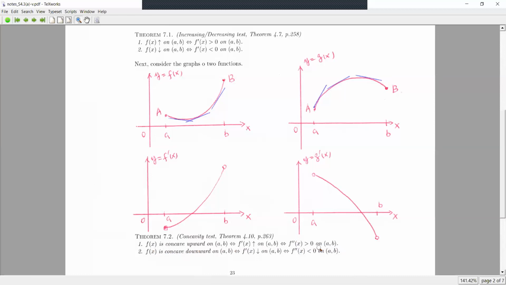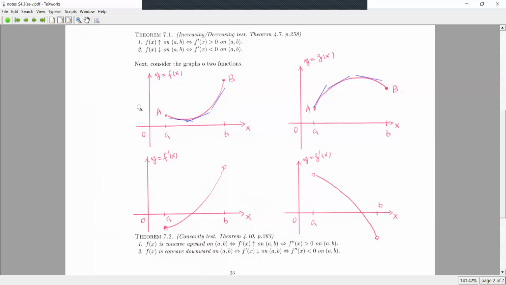The reverse is also true. Second derivative greater than 0. The second derivative is the slope of this guy. So this guy is increasing. This guy is the first derivative. The first derivative is the slope of f. So the slope is increasing: negative, small negative, 0, small positive, large positive.